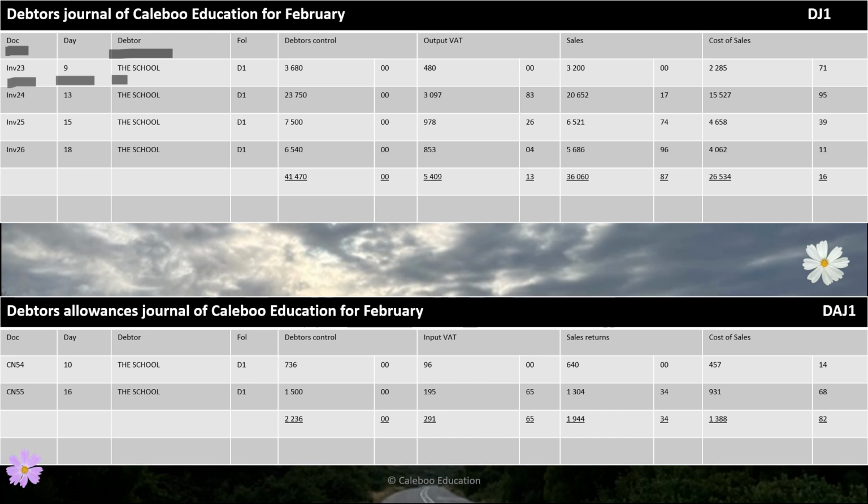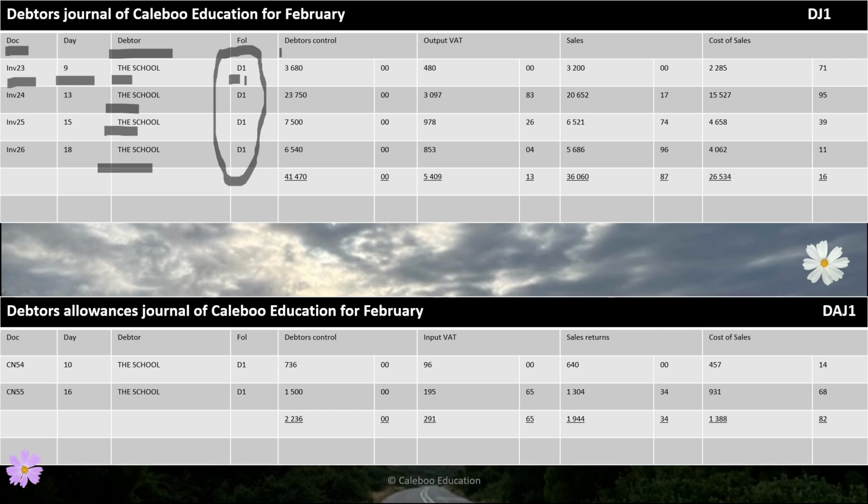We're only dealing with one account holder, the school. At the moment, the school is the only debtor Calibre Education has. The Folio came from the Debtors Ledger. The school was debtor number 1, D1. So there's a cross-reference from the journal to the Debtors Ledger.